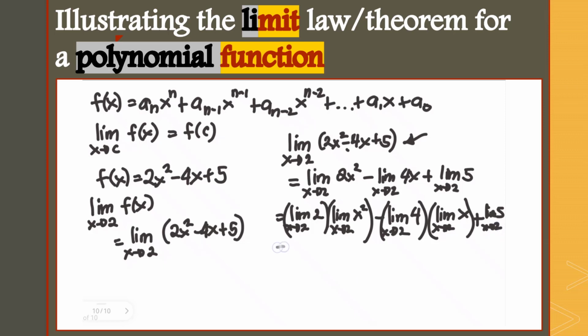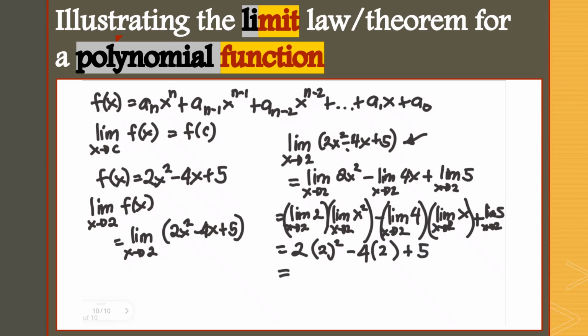Let's just apply immediately: the limit of a constant is the constant itself. The limit of this is actually the square of 2, minus the limit of a constant, which is 4. The limit of an identity is the value of c here, which is 2, and the limit of a constant, again 5, is equal to the constant itself.